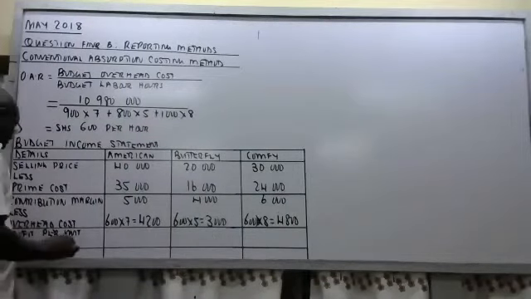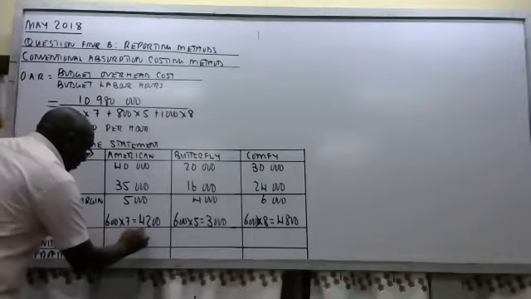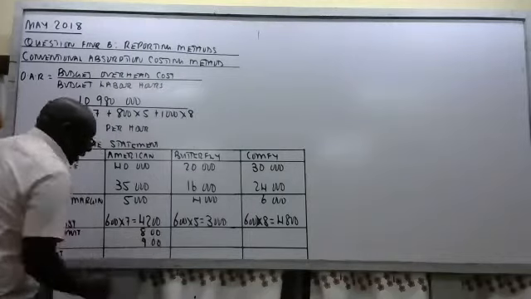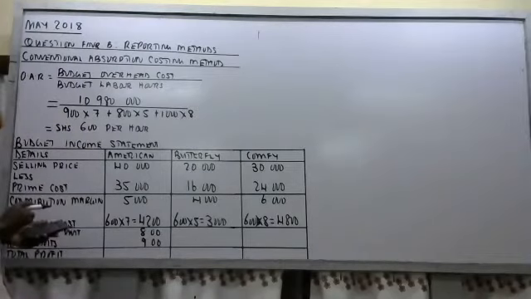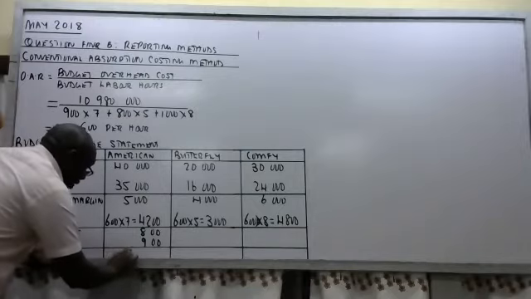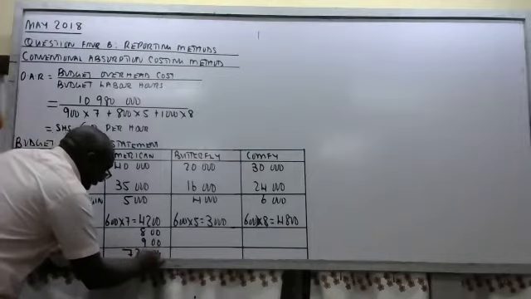So the profit per unit is 800, and the number of units is 900. If you take 800 times 900, you record 720,000.